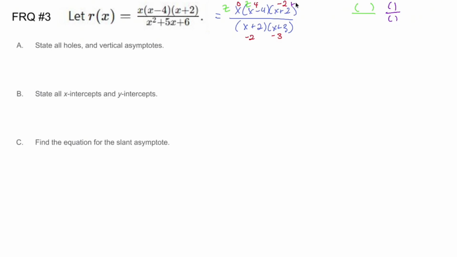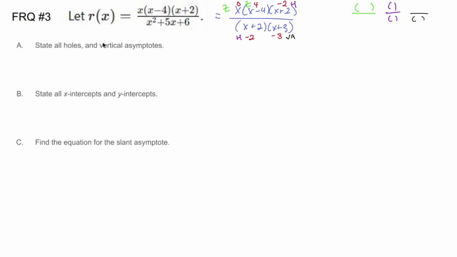So -2 is a hole. Anything that's in the denominator all alone is going to be a vertical asymptote, so -3 is a vertical asymptote. Now, when we throw multiplicity in here, that changes the game slightly, and you have to worry about which one's more dominant, the top or the bottom. But it seems like we don't have to worry about multiplicity, not at all.